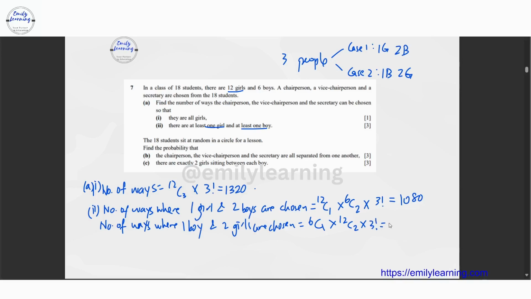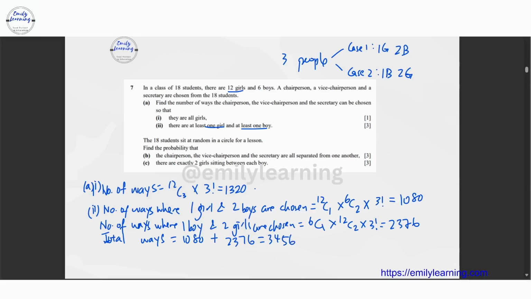This will give us a value of 2376. So for the total number of ways, we'll just add the number of ways in case 1 to the number of ways in case 2, which will give us 3456 ways.